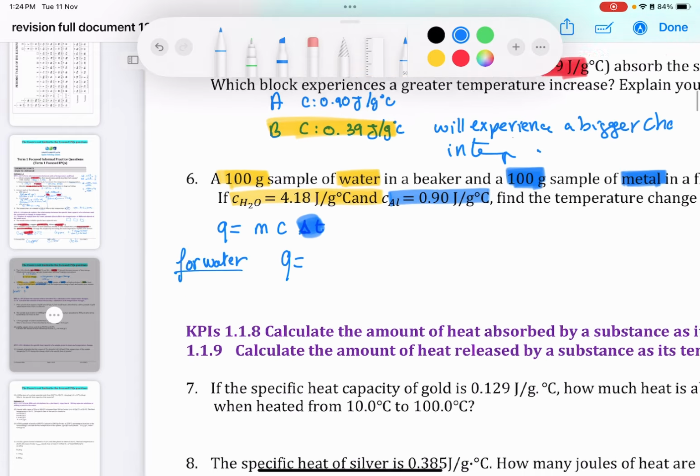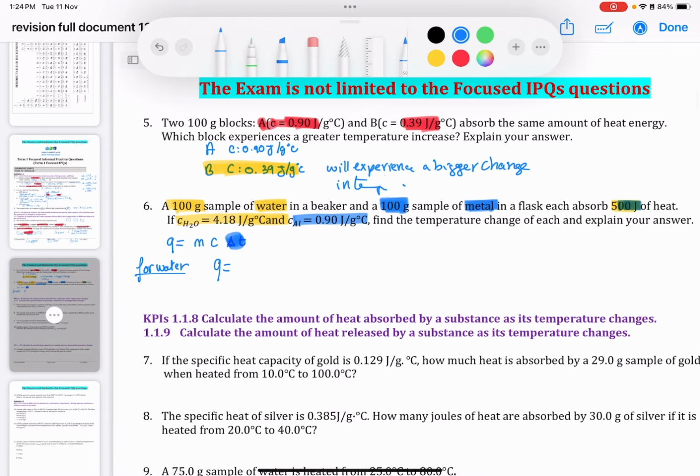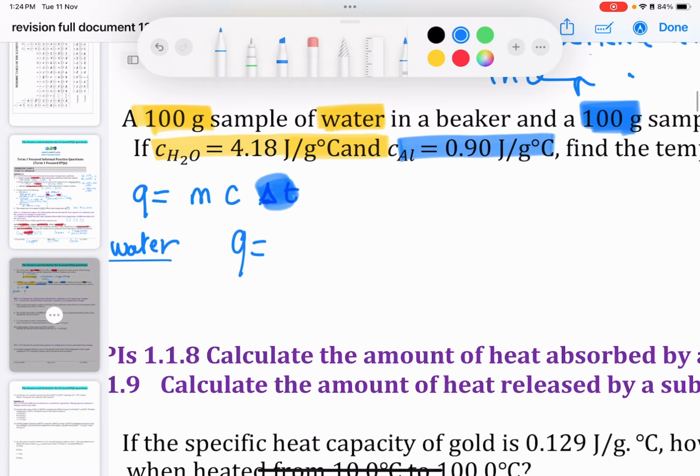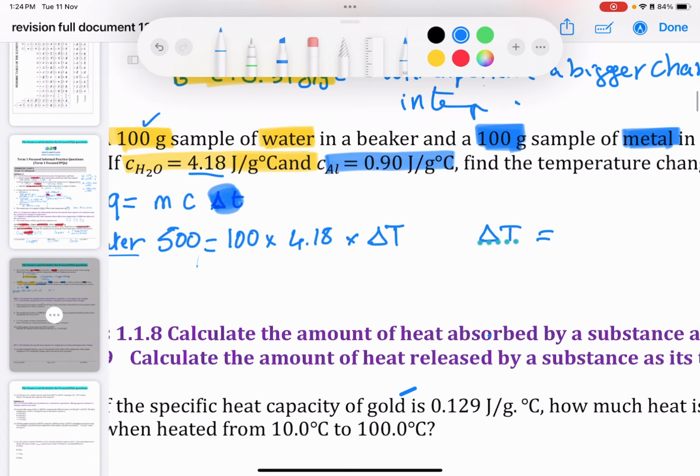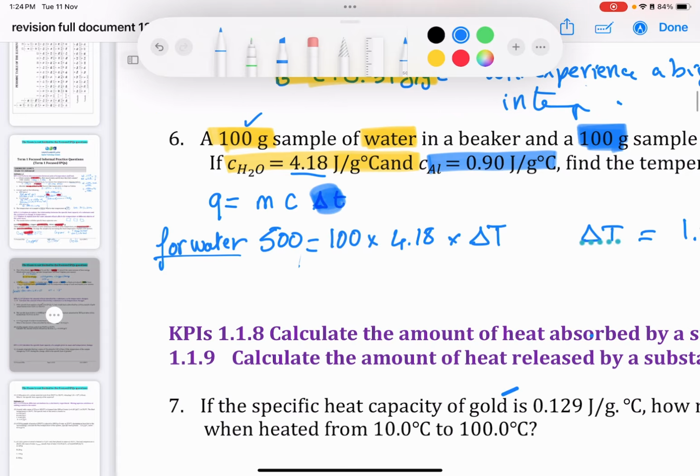Q of water is 500 because both of them had the same Q. Mass of water is 100. Specific heat capacity of water is 4.18. And now delta T, the one that we are trying to find. Therefore, the temperature change is going to be equal to 1.2 degrees Celsius. Now, for aluminium. The mass of aluminium is 100 grams.